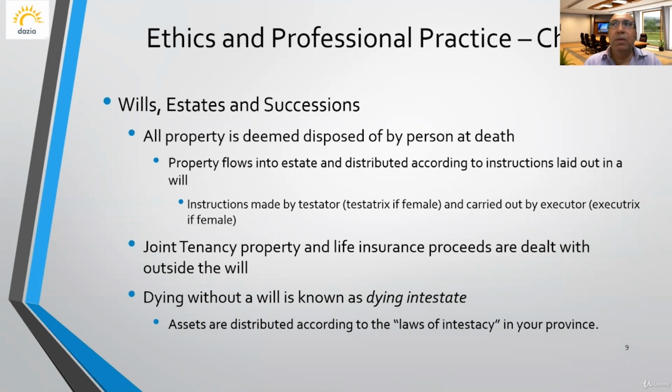The instructions are made by the testator, or the testatrix if it is a female, and carried out by the executor. The person who is making the will is known as the testator, and the person who is executing it, making sure that the money is divided as per the will, is called the executor. When you write a will, you also have to name who the executor is. Joint tenancy property and life insurance proceeds are dealt with outside the will.